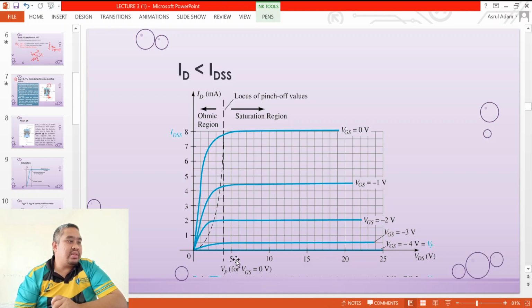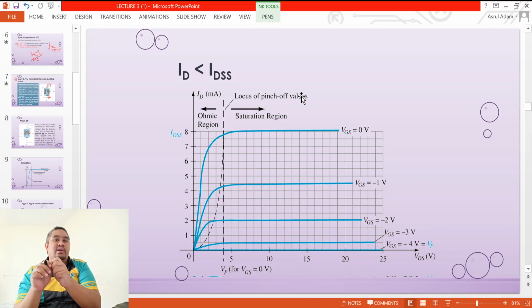So at this point we call it the pinch off value. That happens when the depletion region at the right side and left side will touch.